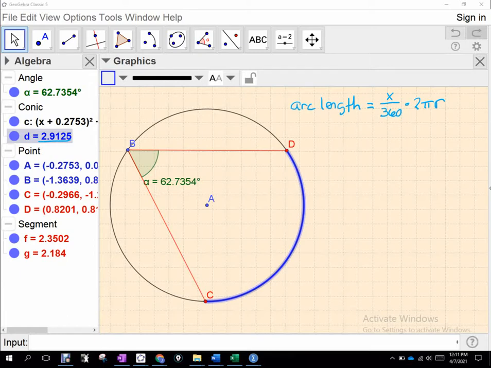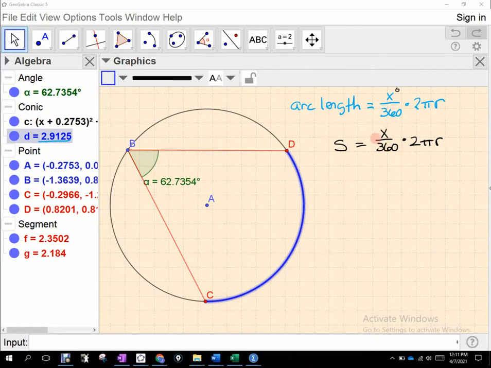of that measurement. We'll walk through this kind of slow here. Basically what I want to do is solve for x in this expression. A lot of times when you see formulas, they call arc length S for whatever reason. So I'm going to say S is equal to x over 360 times 2 pi r.